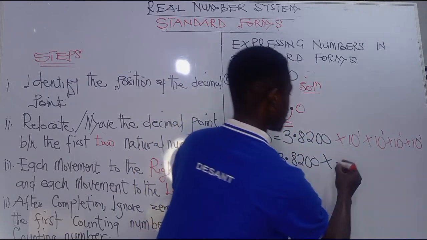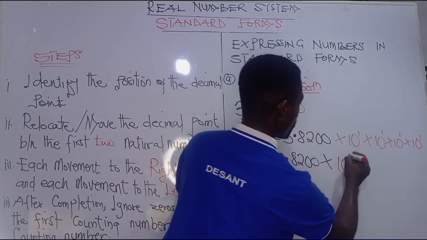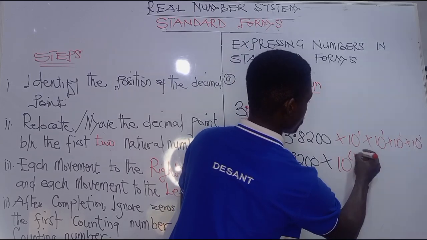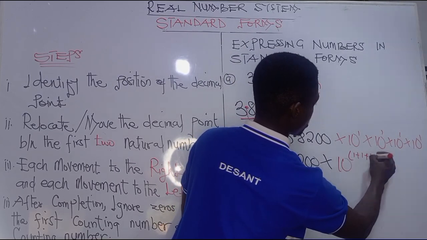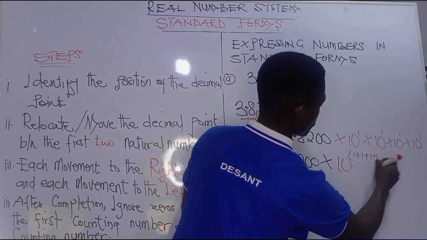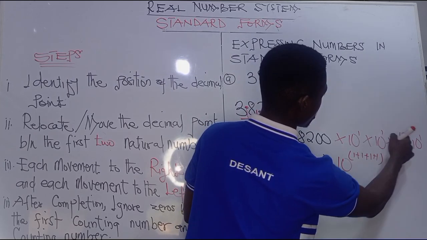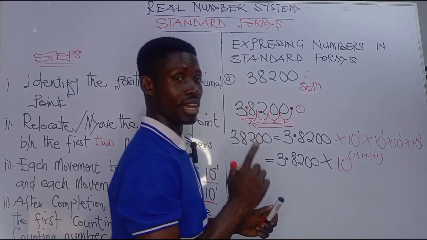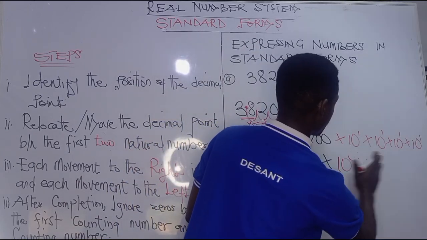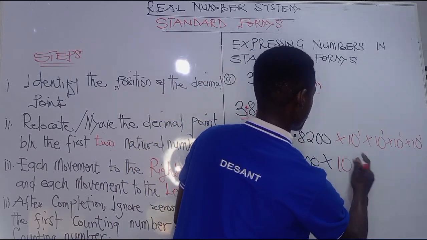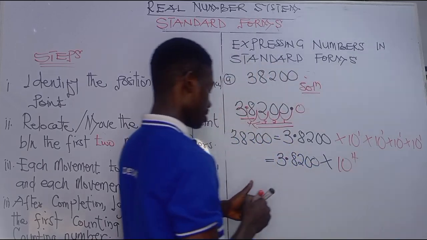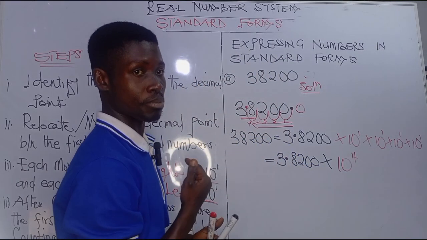So 1 plus 1 plus 1 plus 1, and that's going to give us 4. So let me write it. Good. Now let's move on to the last step.